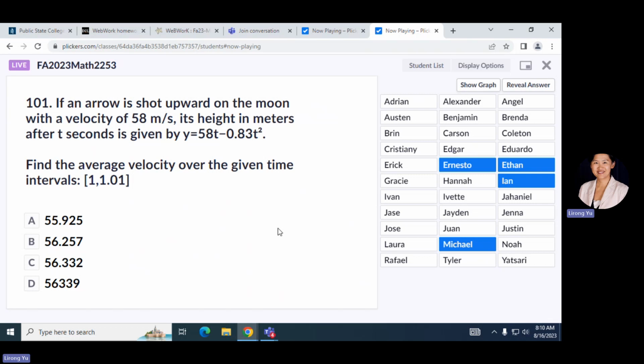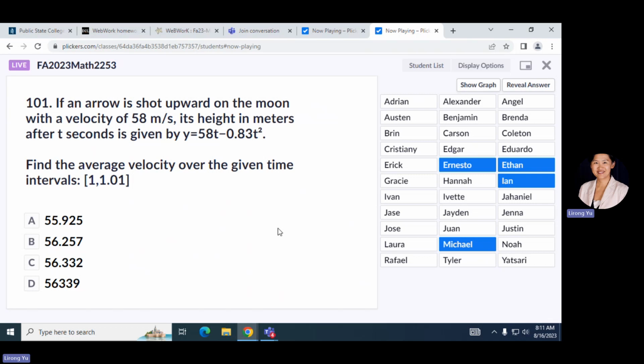This is a thrown object, so its motion follows the trajectory described by this function. You want to find out what happened at t, our independent variable, at t equals 1 and t equals 1.01.